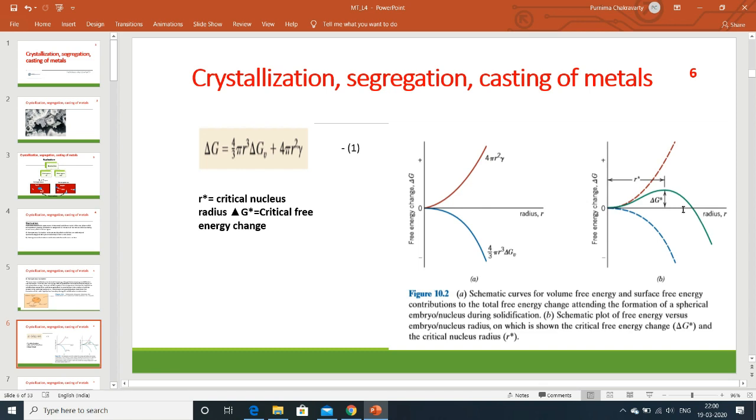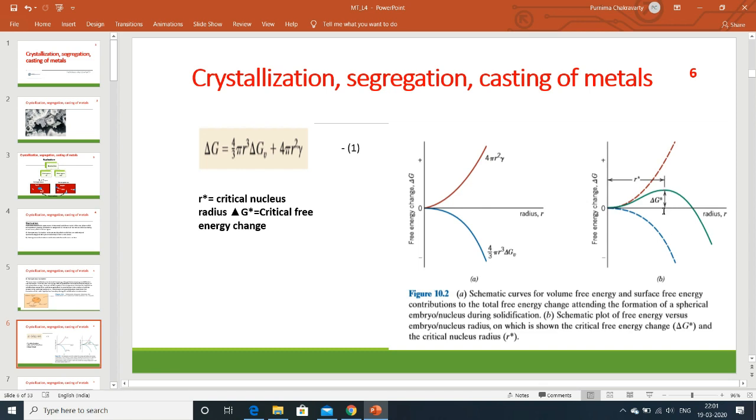And this term del G star, the critical free energy, can also be called the activation free energy, which is required for the formation of a stable nucleus. Equivalently, I can consider it as the energy barrier to the nucleation process.